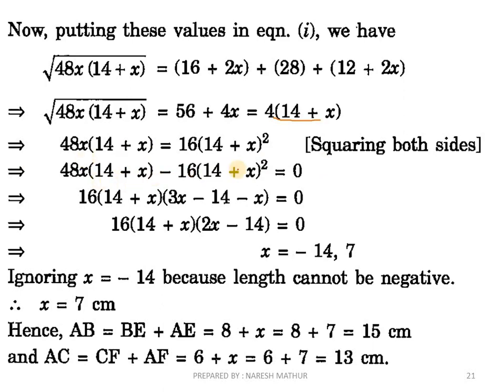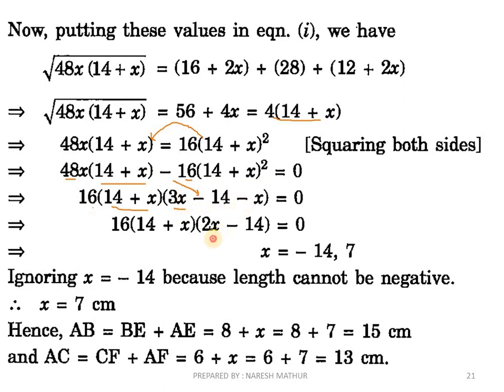In whatever step you feel comfortable, you can do that. So after rearranging this, we are taking 14 plus x common, and in 48 and 16 we are taking 16 as common. So in the bracket we'll get 3x, the sign of minus 14 minus x, because we are opening the bracket, so the sign will be changed.